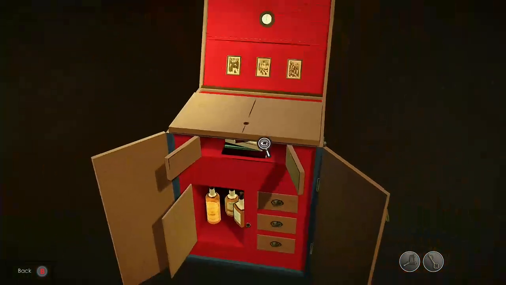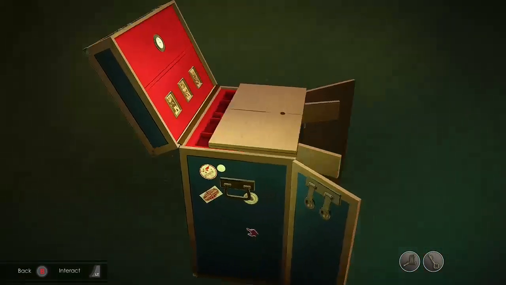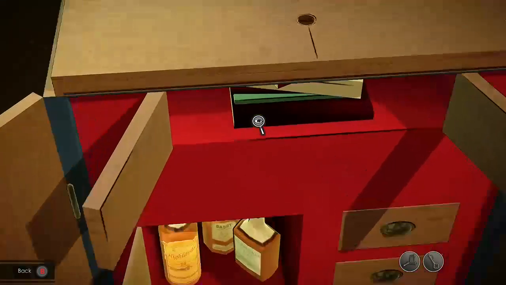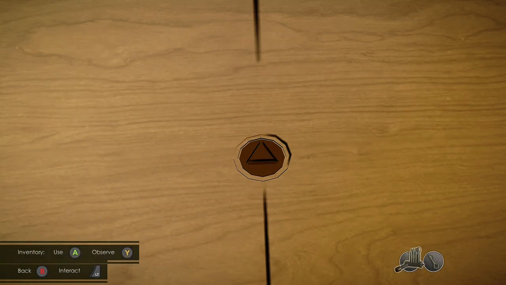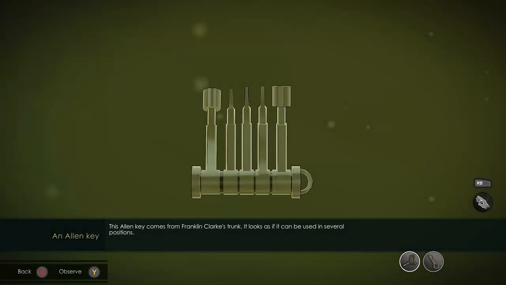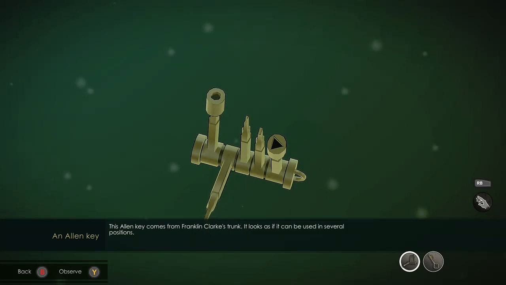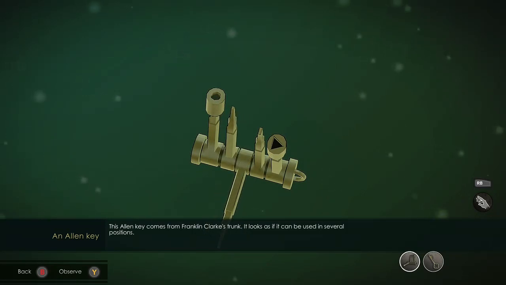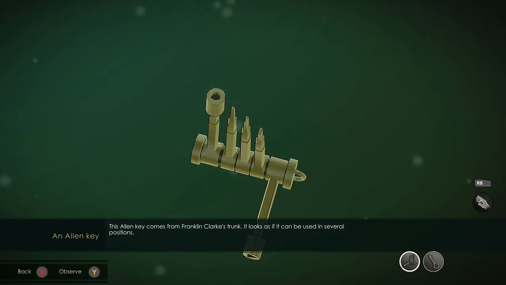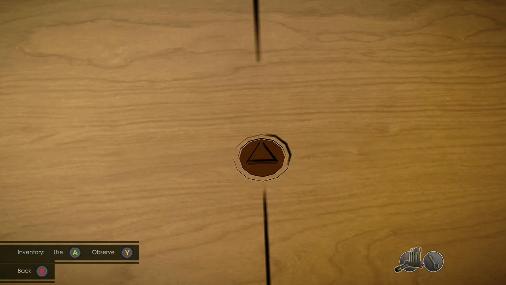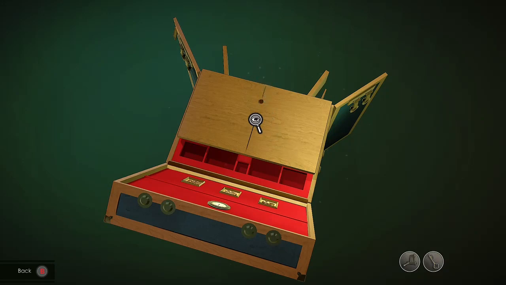Not that bad. Maybe gotta observe it. Aha! There we go. Whee!